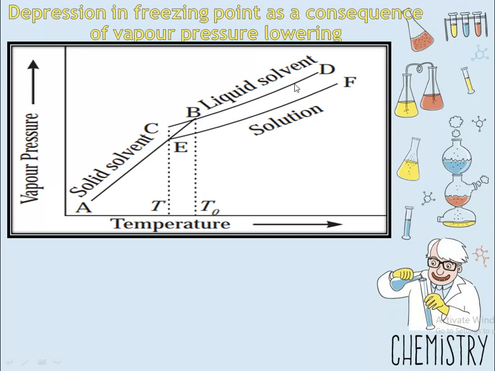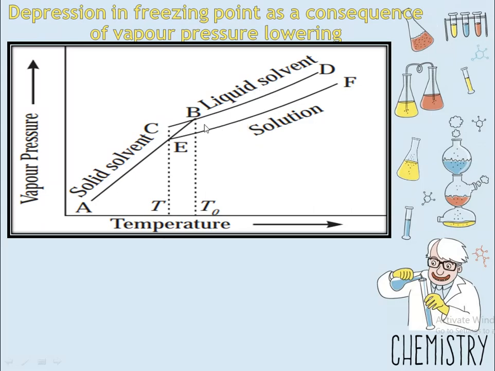As we also discussed in boiling point elevation, the vapor pressure of a liquid solvent is more as compared to the solution at any temperature. So the curve of liquid solvent is always above the vapor pressure curve of a solution. This part we have already discussed in boiling point elevation.